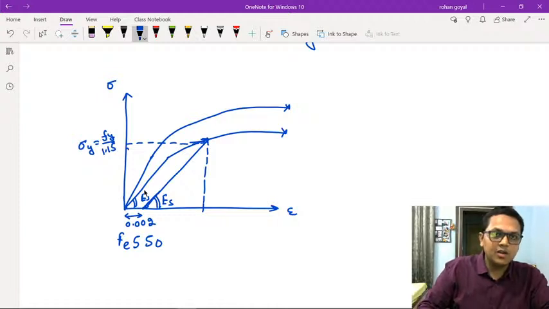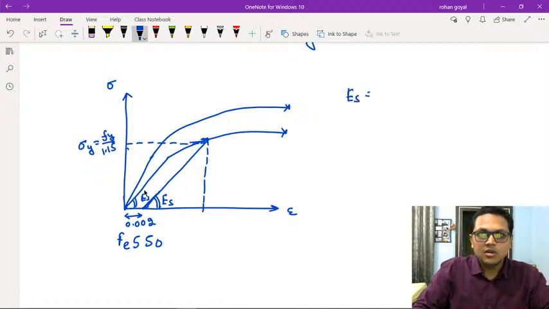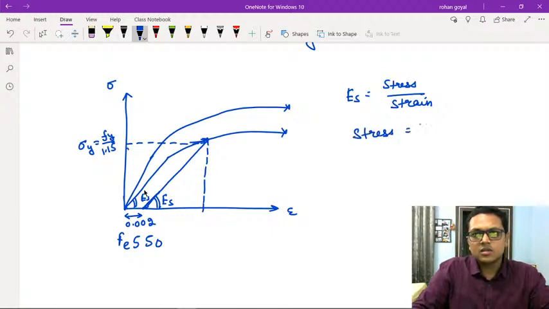We know this value, we have to calculate the strain. Young's modulus is equal to stress upon strain, so strain is equal to stress upon Es.